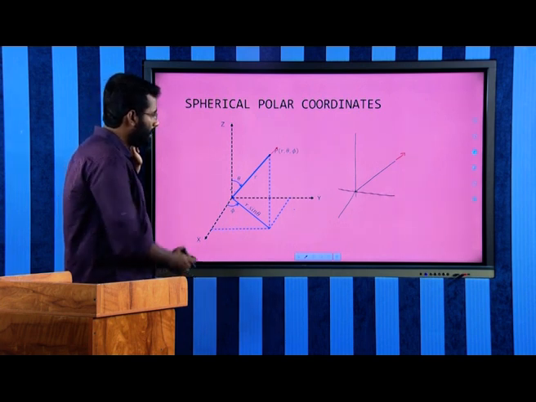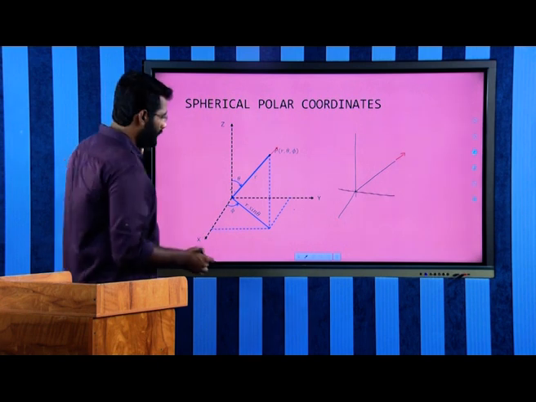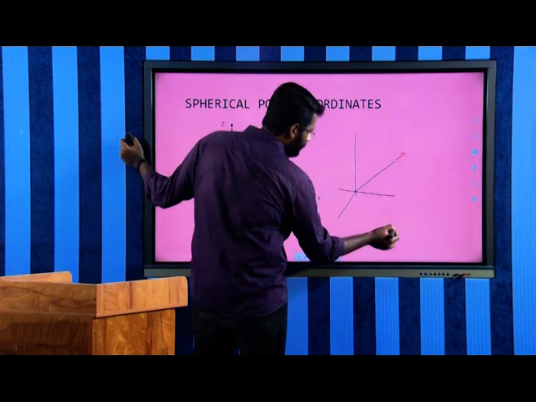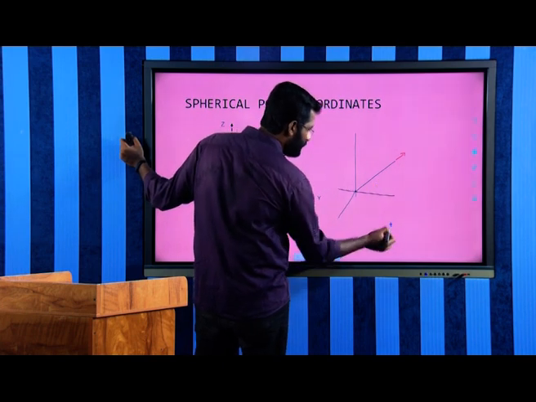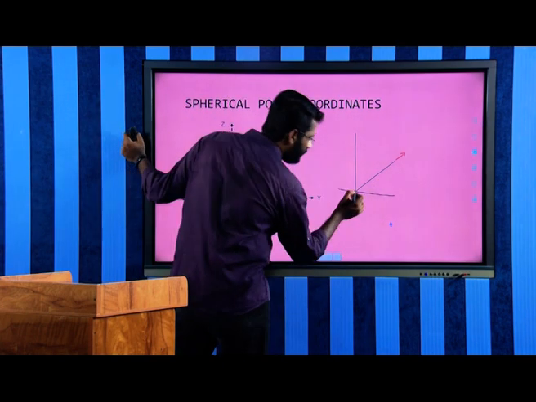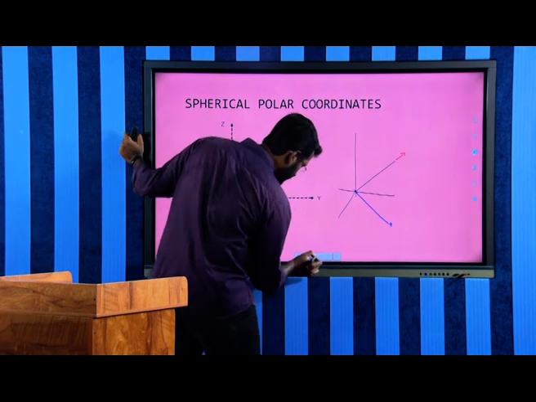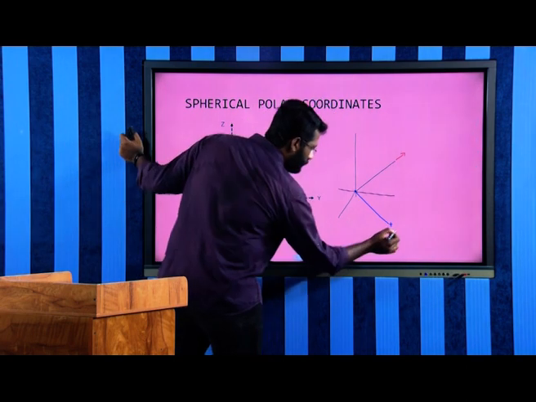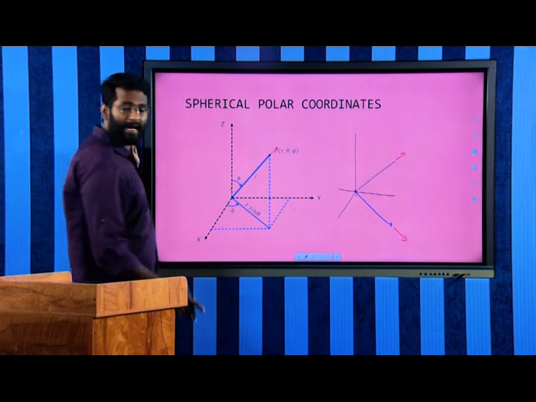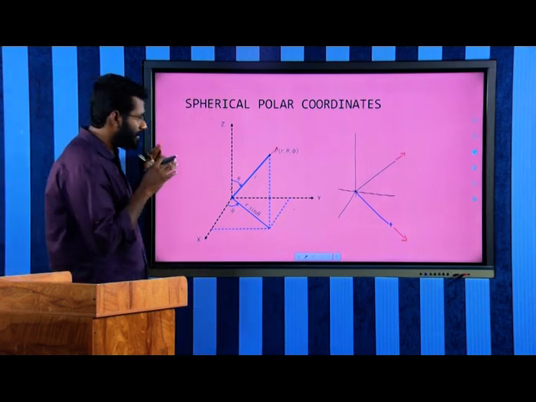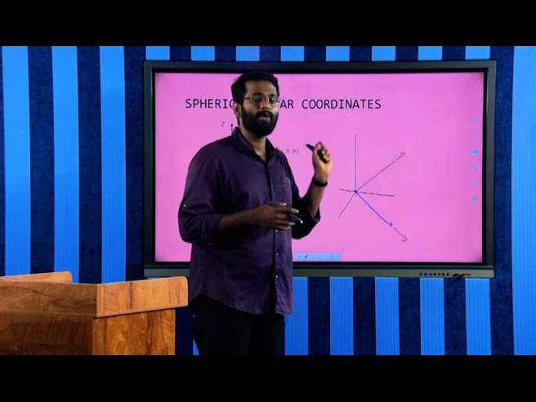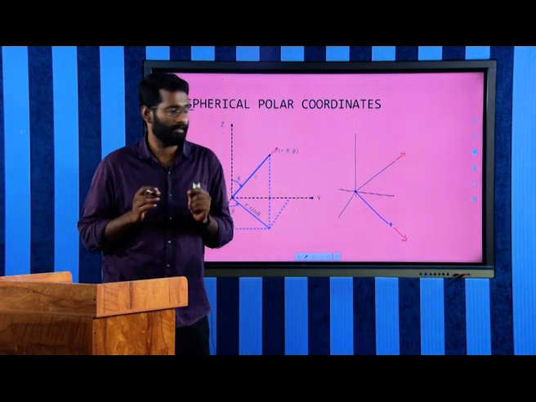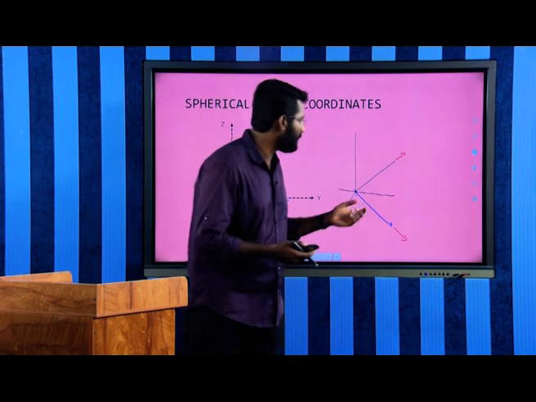Now that is the direction of r cap, but there is a problem. Imagine that our point is not here, but somewhere over here. Now what is r? This is r. What is dr? Dr will be directed along this direction. So unlike the Cartesian system, in the spherical polar coordinate system the unit vectors do not have a constant direction.